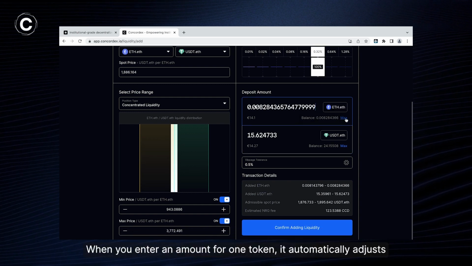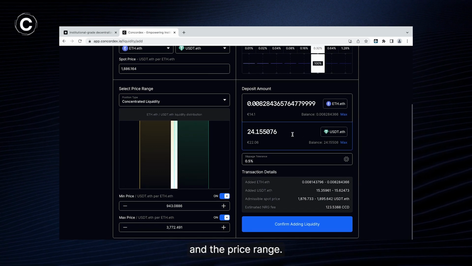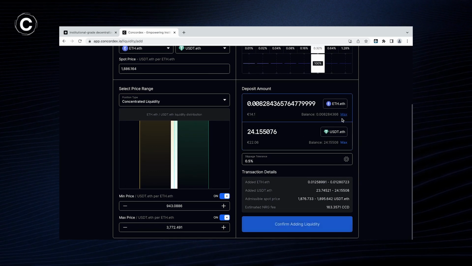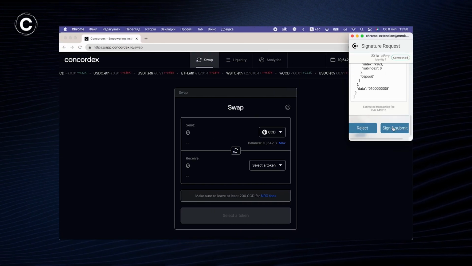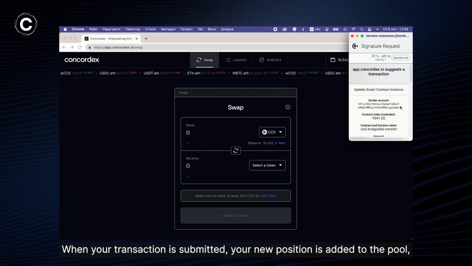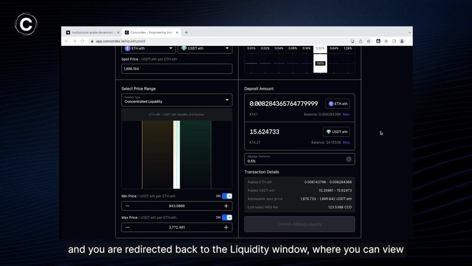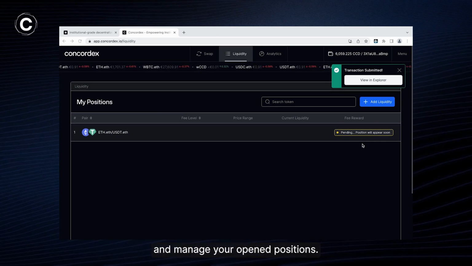When you enter an amount for one token, it automatically adjusts for the other based on the spot price and the price range. Confirm the transaction. When your transaction is submitted, your new position is added to the pool, and you are redirected back to the liquidity window, where you can view and manage your open positions.